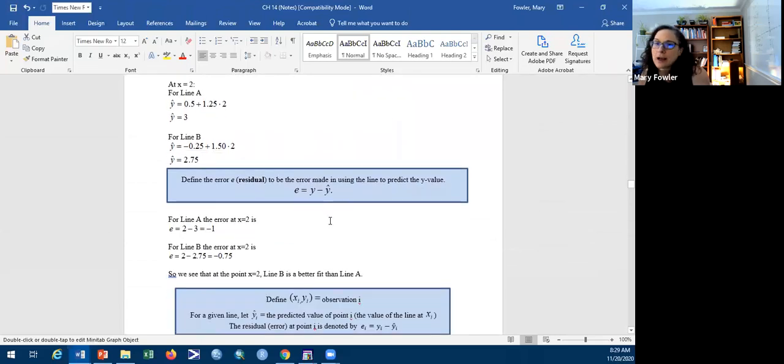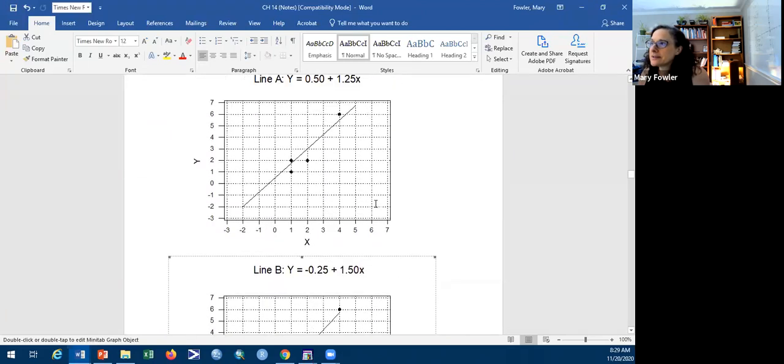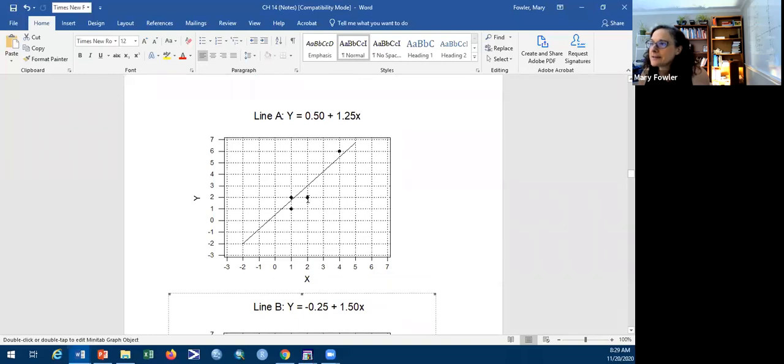So y minus y hat is 2 minus 3, which is minus 1. If we come back here, we can see that this is the value of y, and over here at 3, that's the value of y hat, and there is a difference of 1.